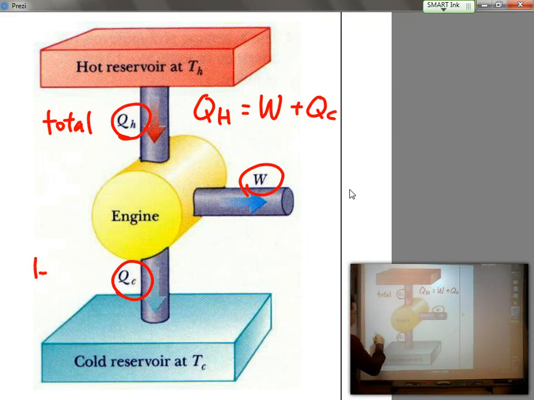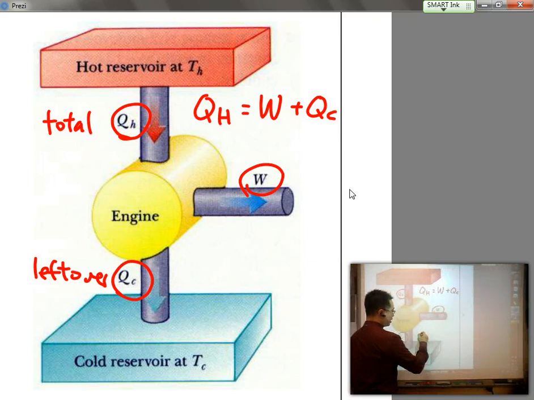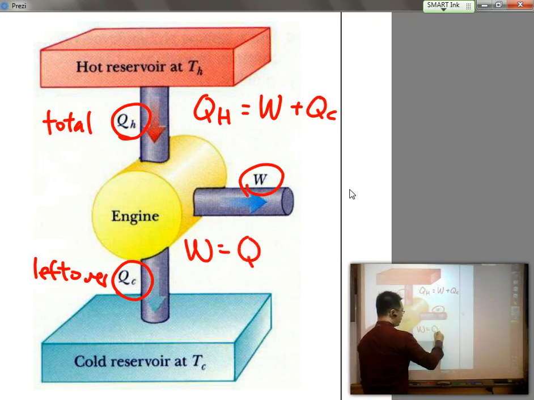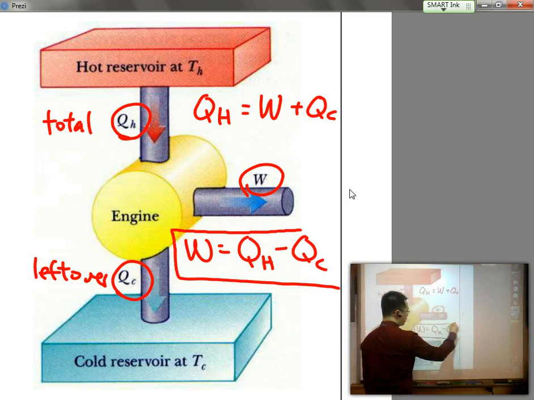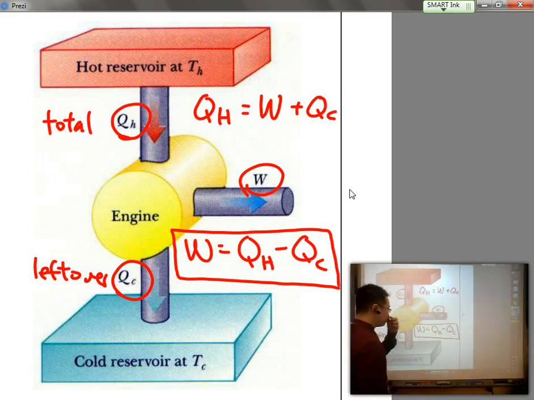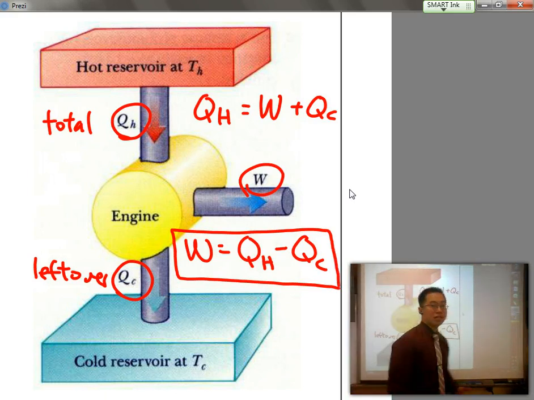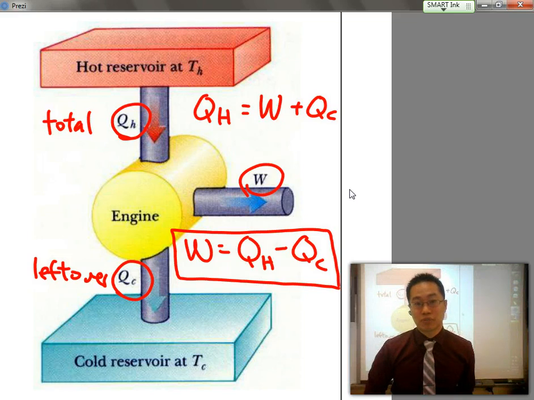Okay, this is the leftover energy. So really I could say that work is equal to QH minus QC. Okay, the difference in heat energy is equal to the amount of work that's actually being done.